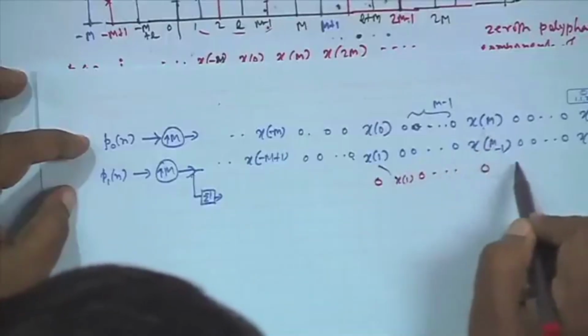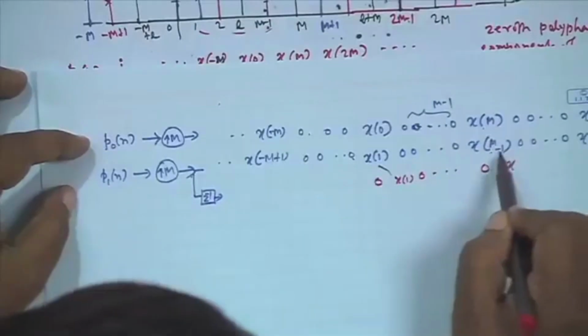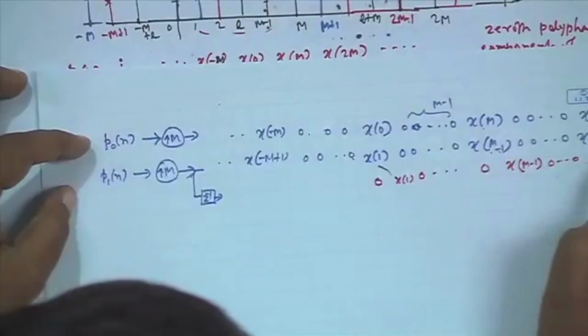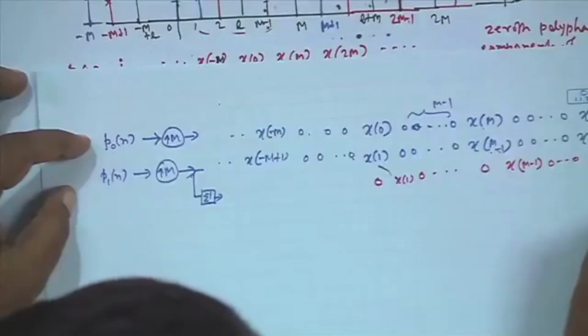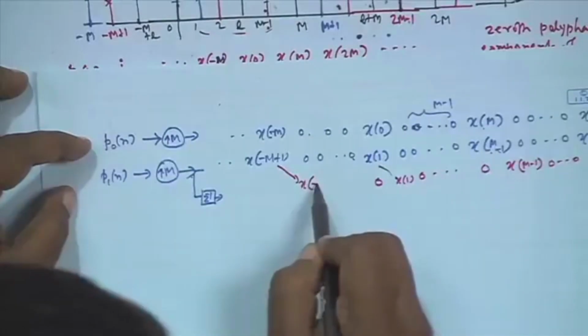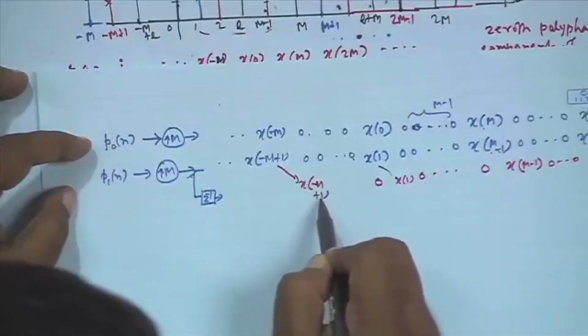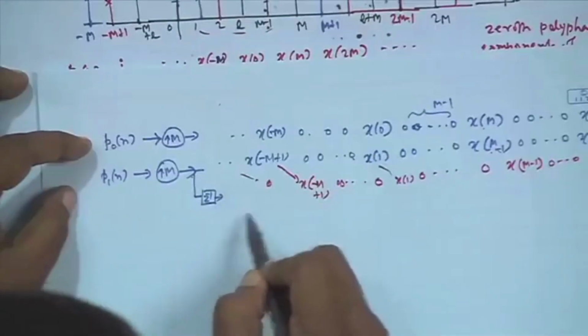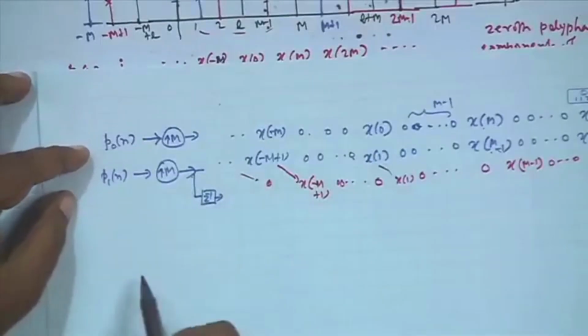Below this, there will be 0, x m minus 1, this will come here. Then again zeros, 0 will move here, x 2m minus 1 will go there, like that. This will come here, then zeros, 0 from here. Okay. If I delay by 1.